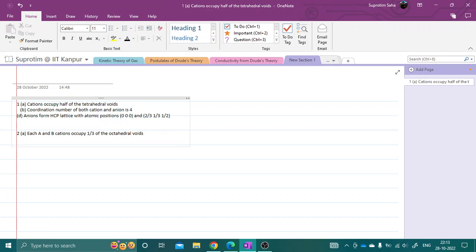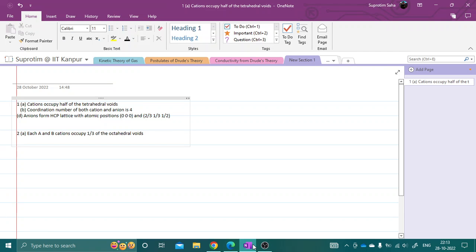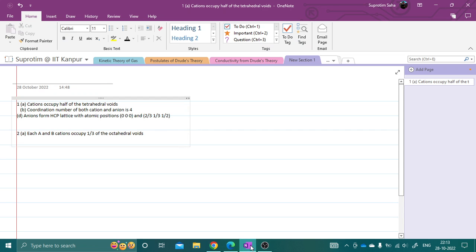And the other answer would be the coordination number of anions is 4, and that is option C.